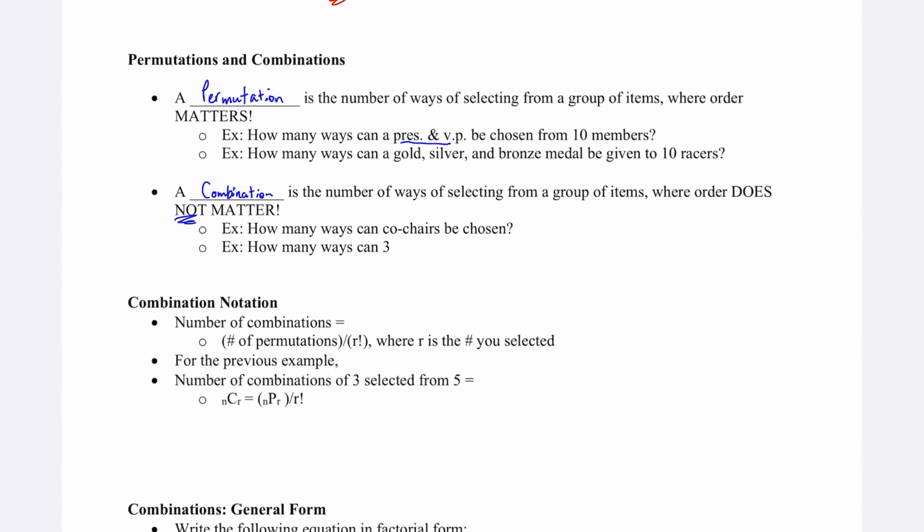Or how many ways can 3 ribbons be given to 10 racers? What you'll notice there is it's not like a gold and silver ribbon. It's just a ribbon, just a ribbon.